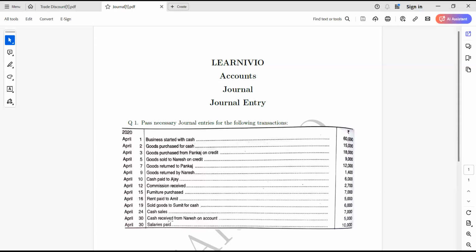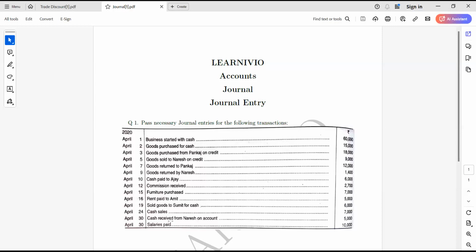And goods returned by Naresh. Yes, now Naresh is returning goods. If you see the previous entries, whenever anyone is doing a transaction, the second party is always us, because if we are not the second party, then we should not record the transaction. Yes or no? Yes, sir. Think about it.